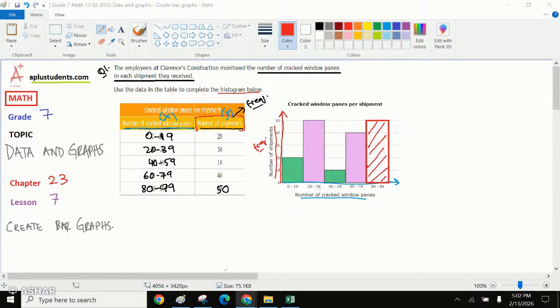The next question, we're just comparing histograms and bar graphs over here.